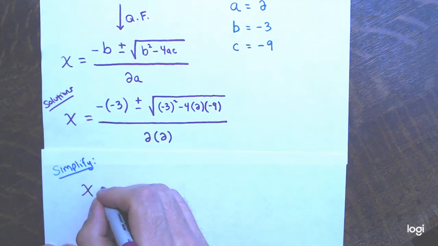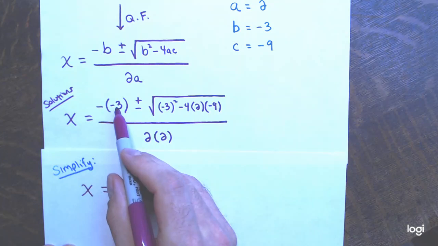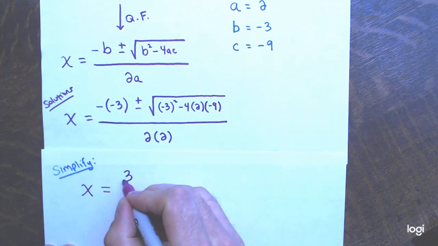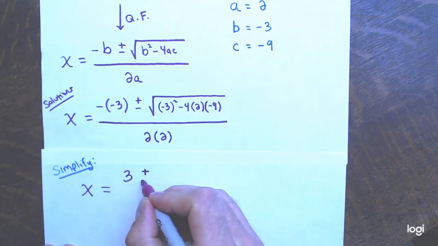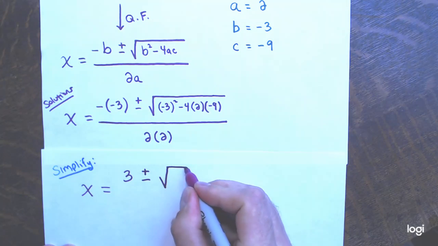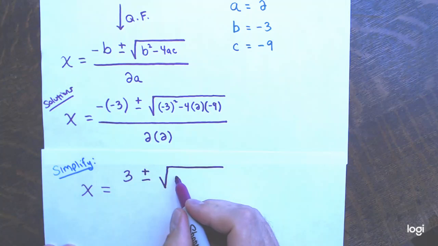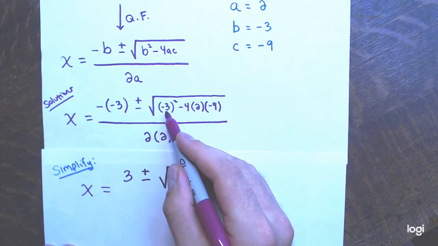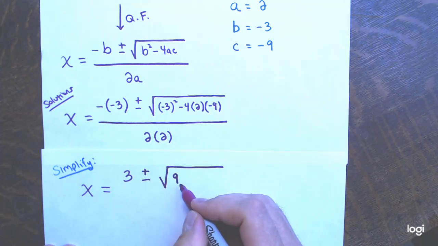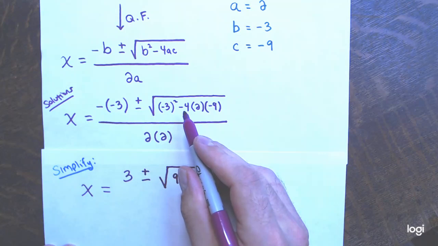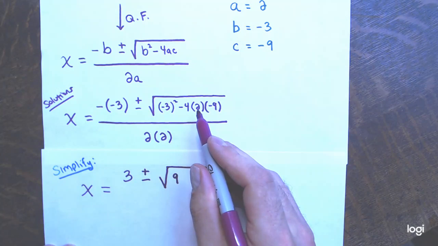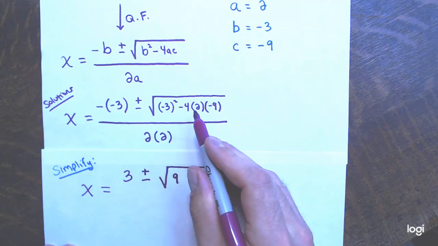We have x equals, well, what's the opposite of negative 3? That's positive 3. Then again, one with the plus, one with the minus. Then this, negative 3 squared is positive 9, right? Negative 3 times negative 3, positive 9. And then here we have negative 4 times 2 is negative 8.